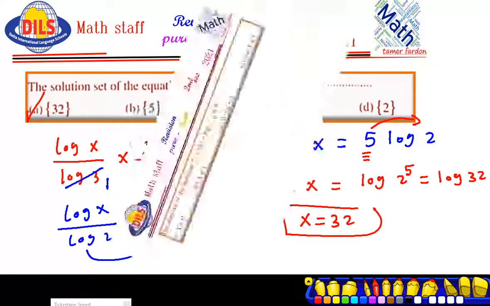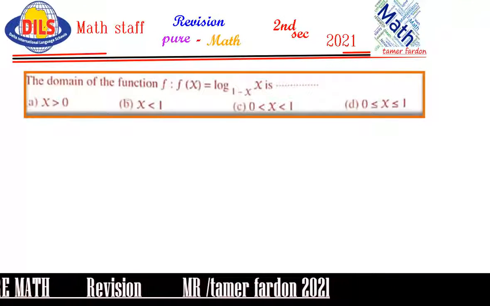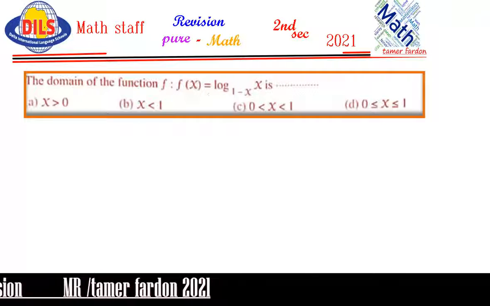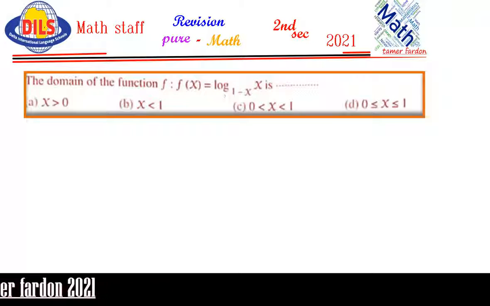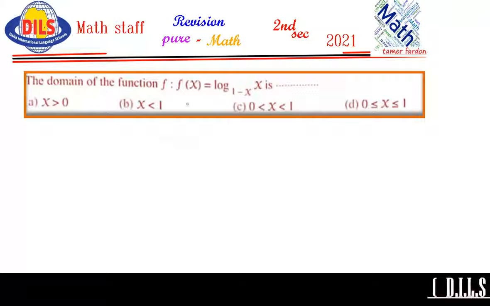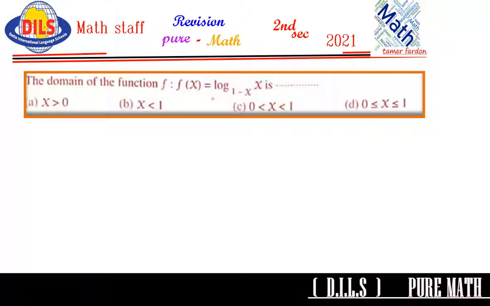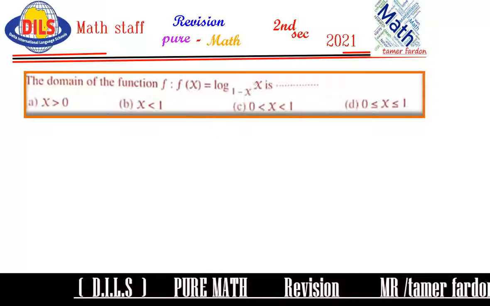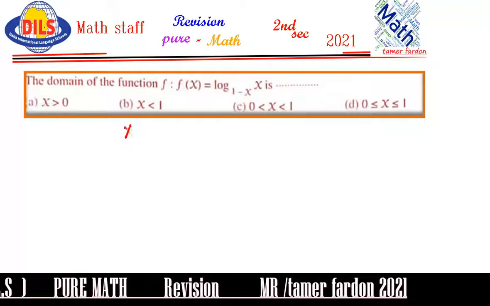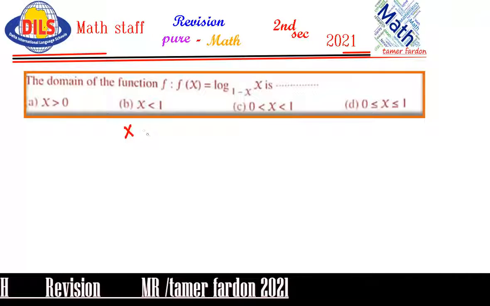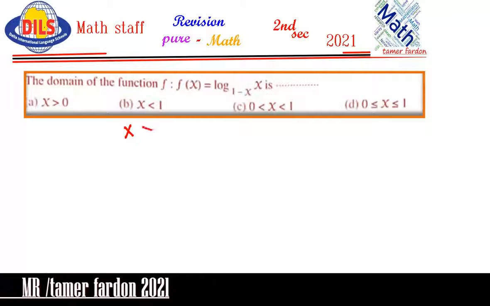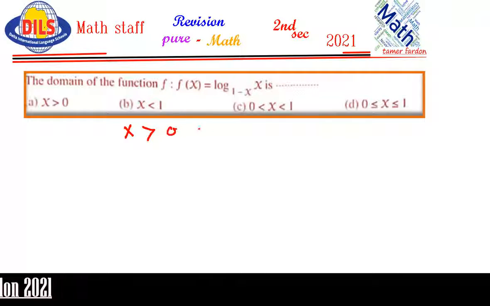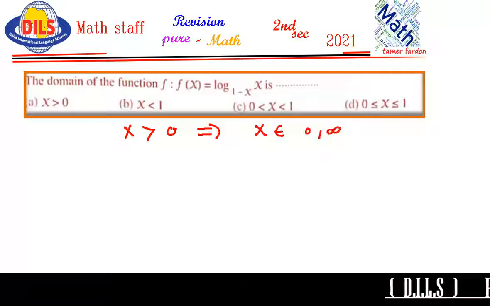The next, the domain of the function f, where f(x) equals log of 1 minus x for x, is... f(x) is a logarithmic function. For a logarithm function, we know that x must be a positive real number, so x is greater than 0, so x belongs to the open interval 0 up to infinity.